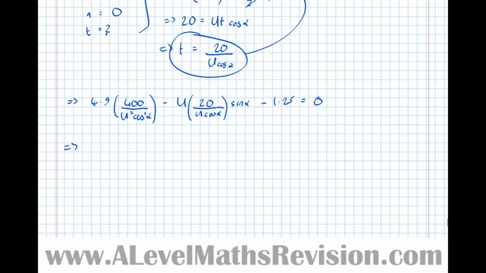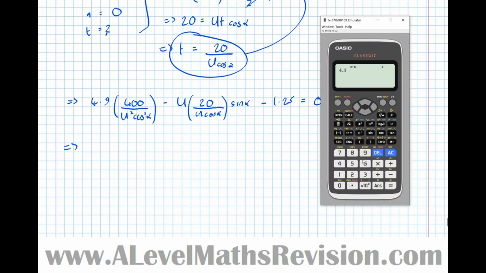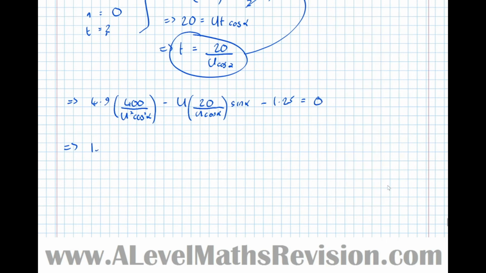Right, so 4.9 times 400 is 1960, so 1960 over u squared cos squared alpha minus, the u's cancel, 20 over cos alpha times sine alpha minus 1.25 equals 0. And the aim here is to try and eliminate everything except alpha.